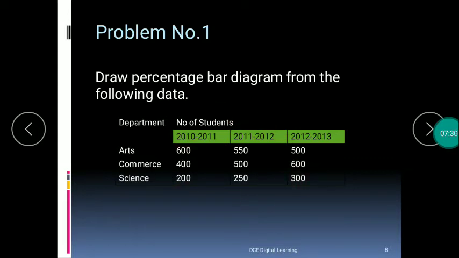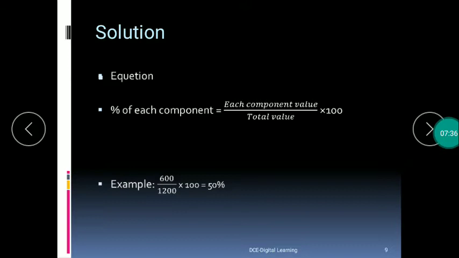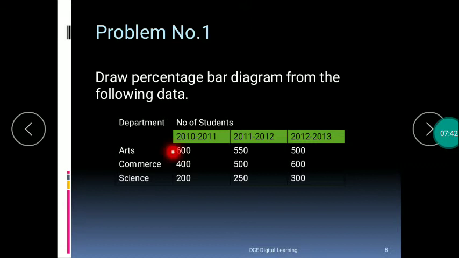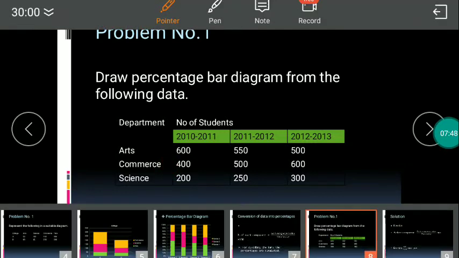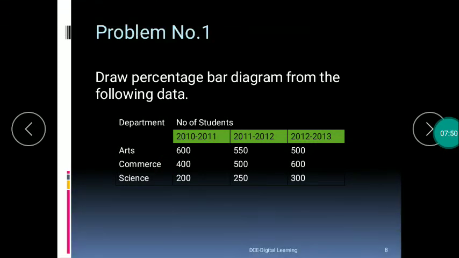So in order to convert these values, we have to use the already mentioned equation, that is each component divided by total value into 100. So each component is nothing but this one, 600 divided by its total, that is 600 plus 400 plus 200. The total will be 1200.